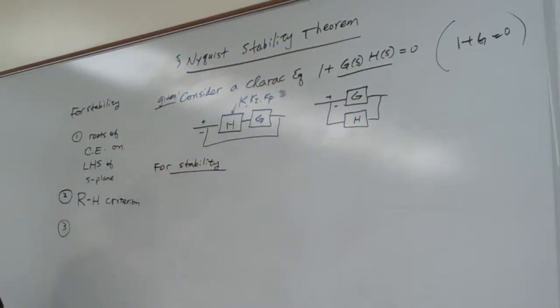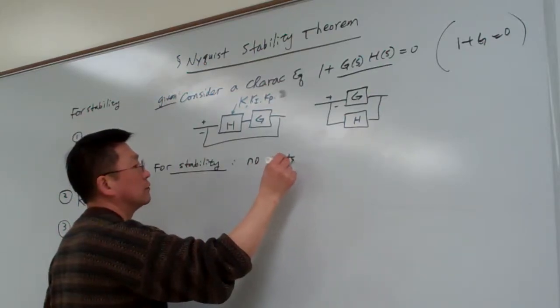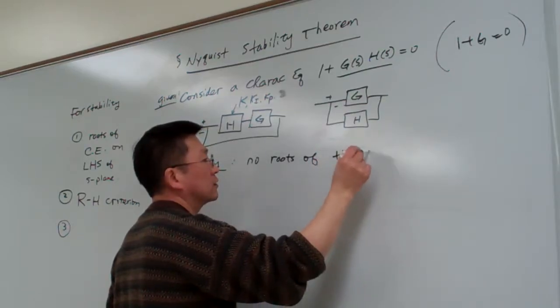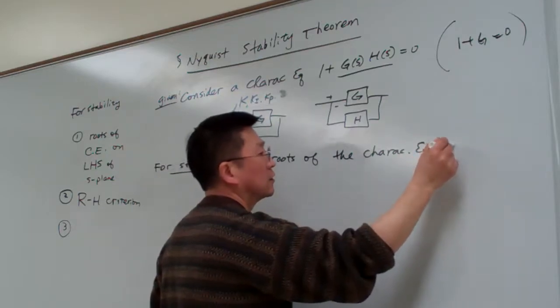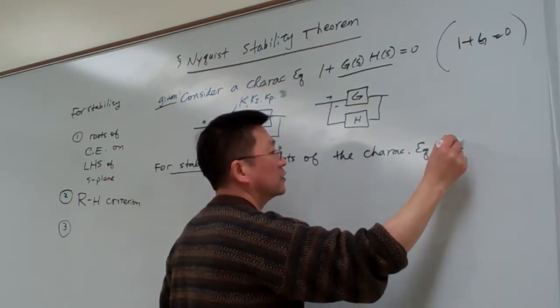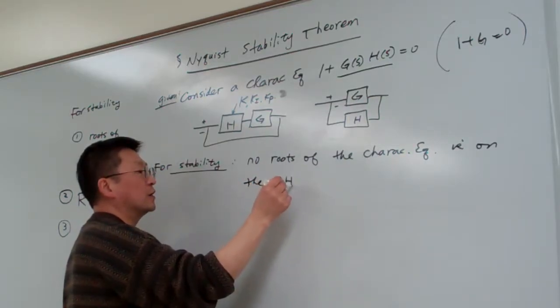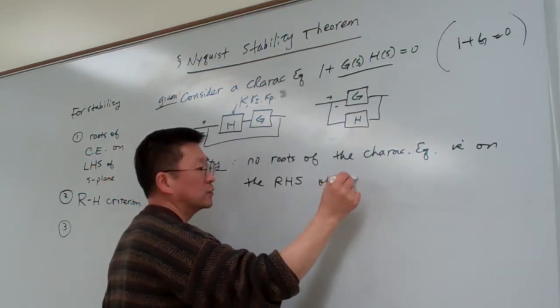So for stability, that means we're asking this system to be stable. That means no root of the characteristic equation is on the right-hand side of the complex plane.